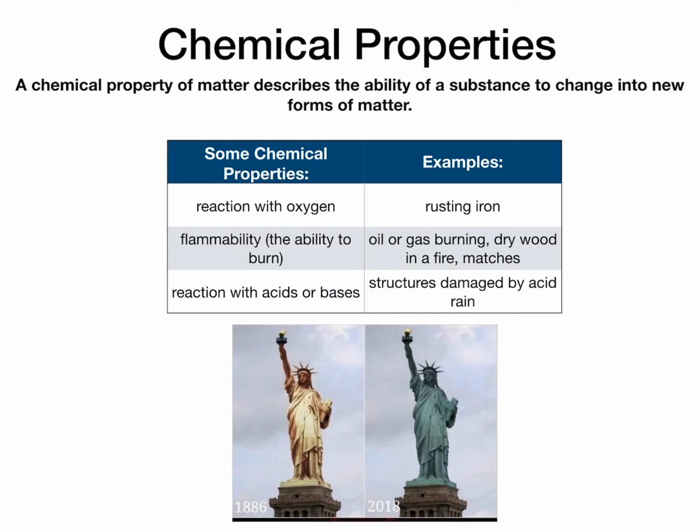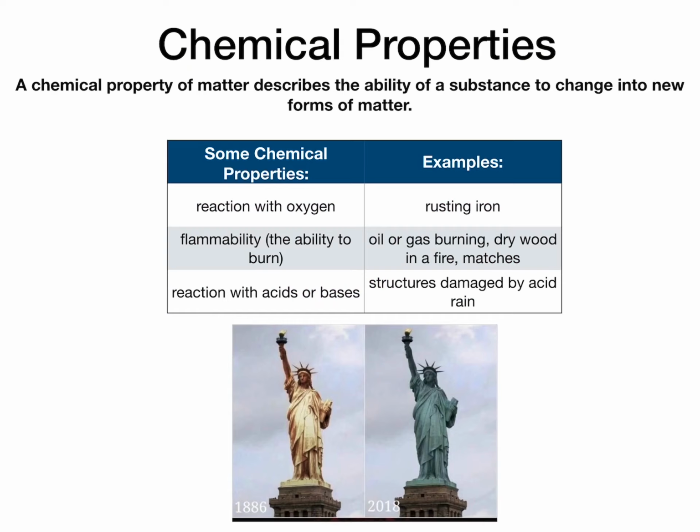If you leave a car outside in a field for months and years on end, eventually that car would develop rust and would wear down. That rust is a chemical change that occurs because the car is now in a different form. It's a different substance and a different type of matter, and you can never get it back to the original car unless you replace it and get a brand new part.